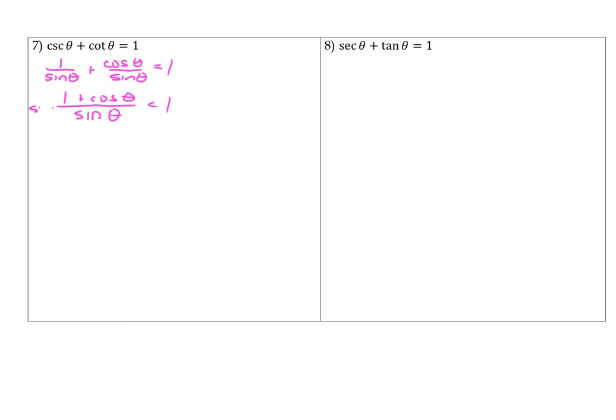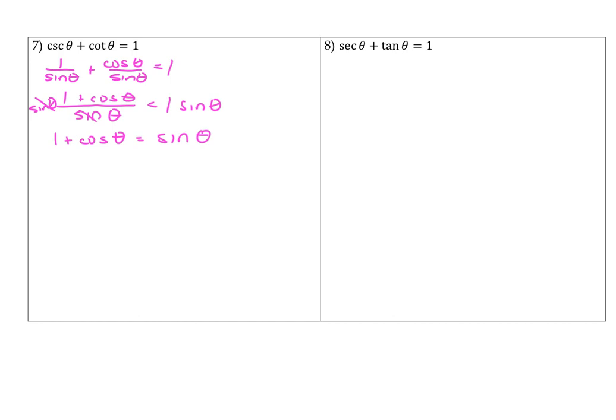I'm going to get rid of what's on the denominator by multiplying both sides by sine theta. So 1 plus cosine theta equals sine theta. Well, I have to kind of convert these, and this is one of those hard things to know that you need to do, but I'm going to square both sides.